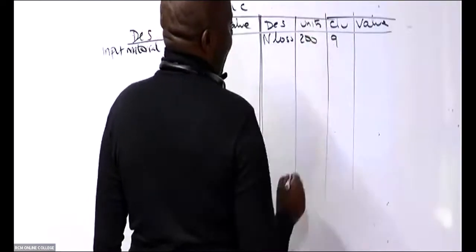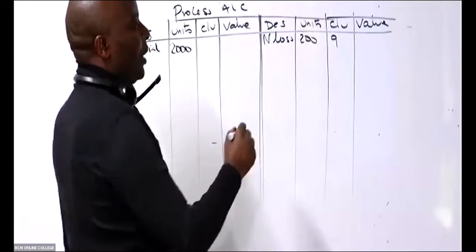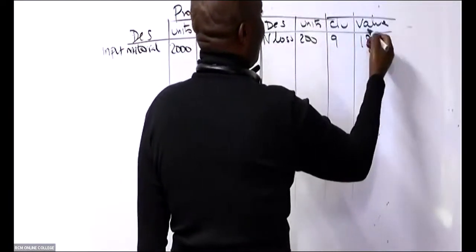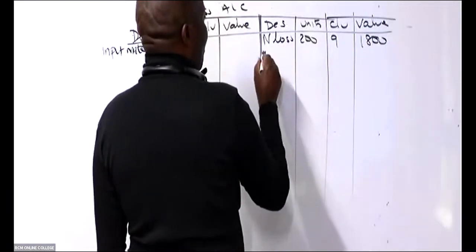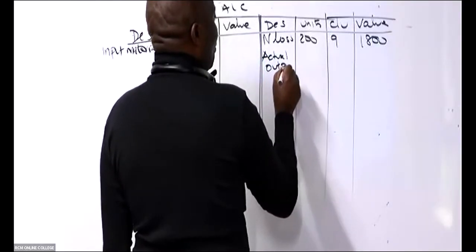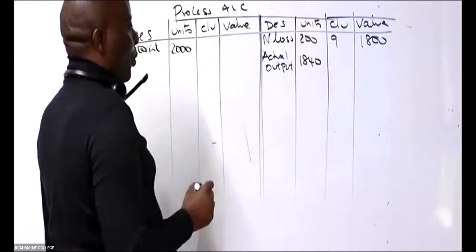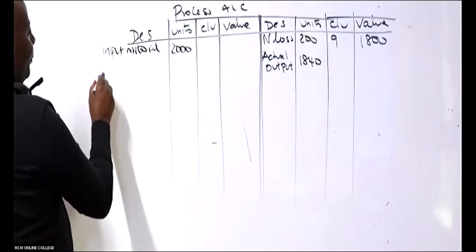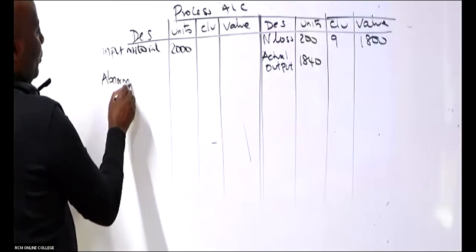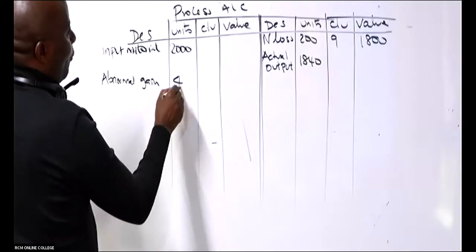And they have told us we are scrapping at 9 bob still. So 200 times 9 gives me 1800. We have in this case here actual output 1840. We have abnormal gain of 40.